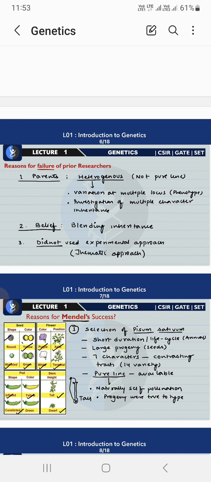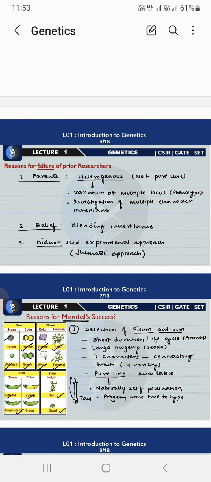This was basically the first wrong approach which made those researchers fail.